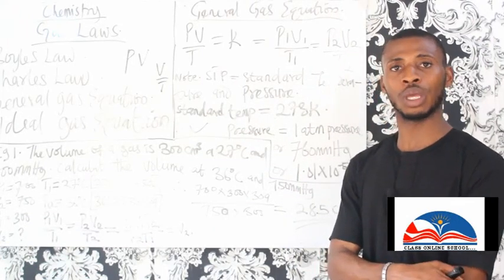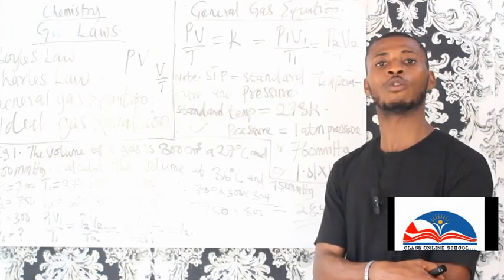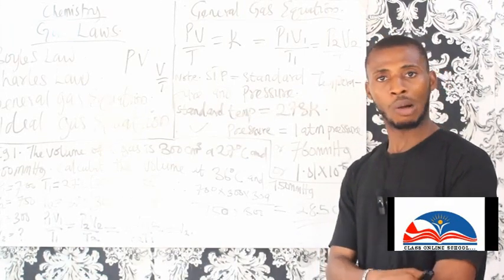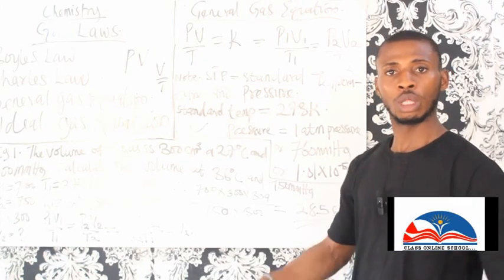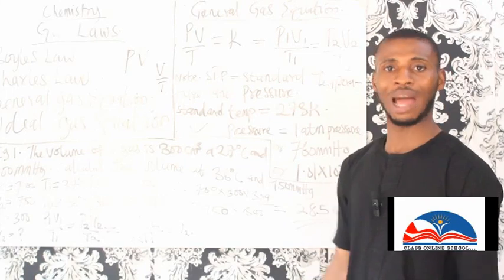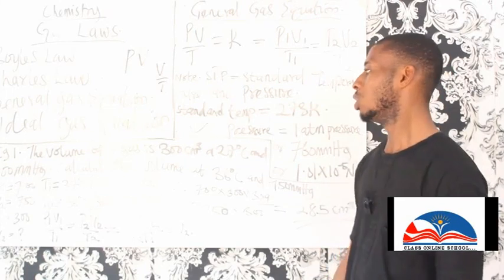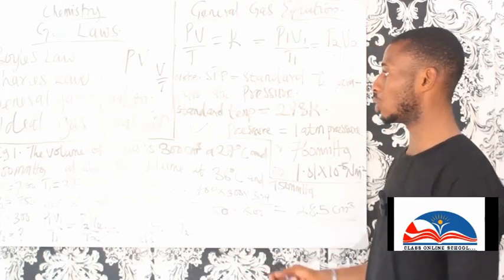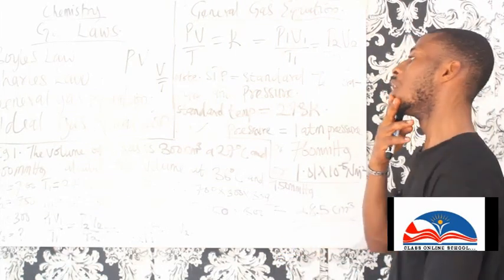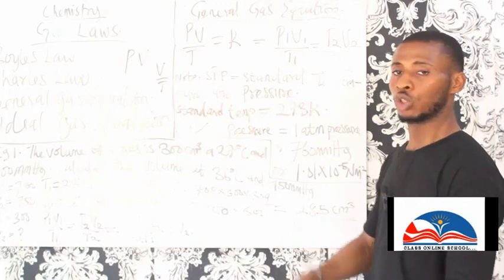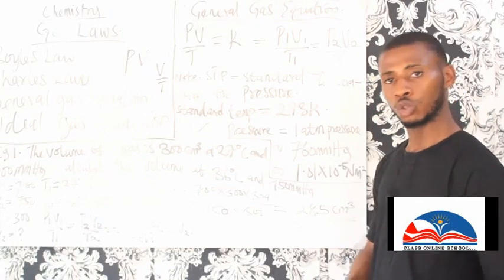For an element to exist, that element must have its number of moles: 1 mole of oxygen, 2 moles of sodium, 3 moles of iron, depending on how it is. So for a gas to be ideal, it needs to have a number of moles. Okay, let's go to the ideal gas equation so that I will throw more light on what I'm saying.